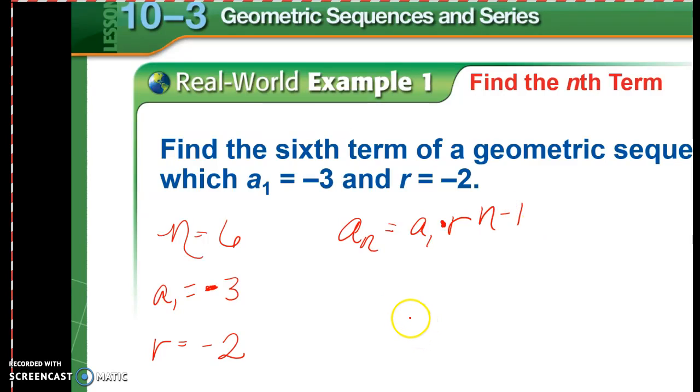So we would go -3 times -2 to the 6 minus 1 power. So -3 times -2 to the 5th power. -2 to the 5th power is -32, and then multiply those two to get positive 96. So we're multiplying by -2 every time, starting at -3.